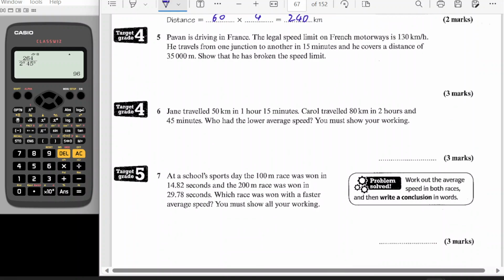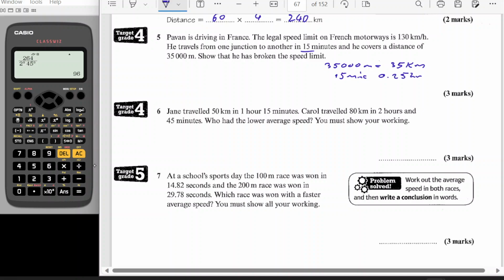Okay, question 5. Parvan is driving in France. The legal speed limit on a French motorway is 130 kilometers per hour. He travels from one junction to another in 15 minutes, and he covers a distance of 35,000 meters. Show that he has broken the speed limit. So I'm going to do a bit of conversions here. 35,000 meters is equal to 35 kilometers. And I'm also going to say that 15 minutes is 0.25 of an hour.